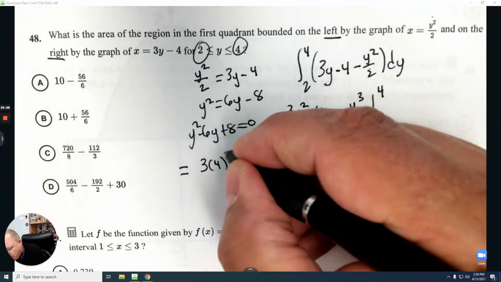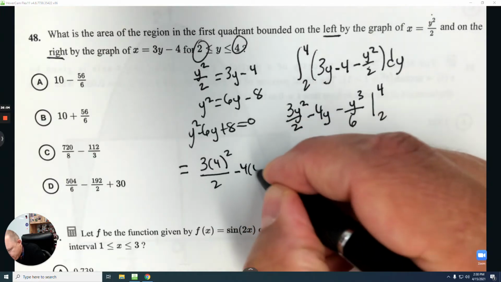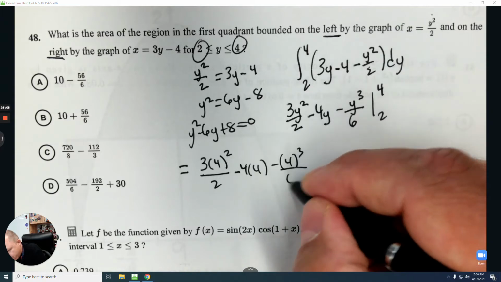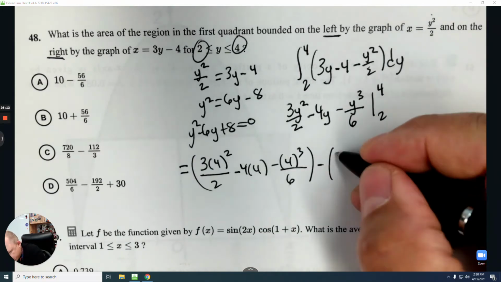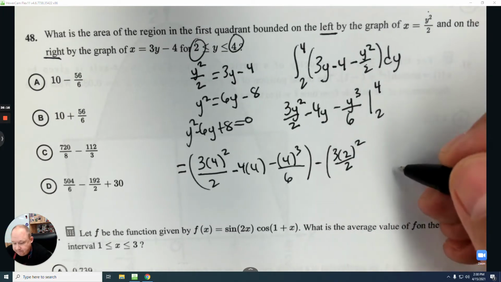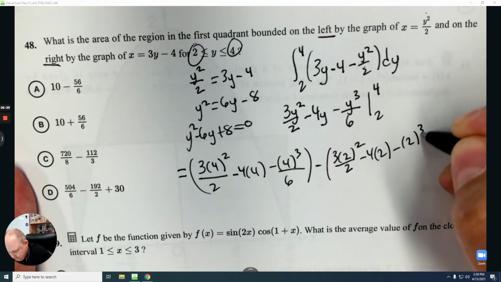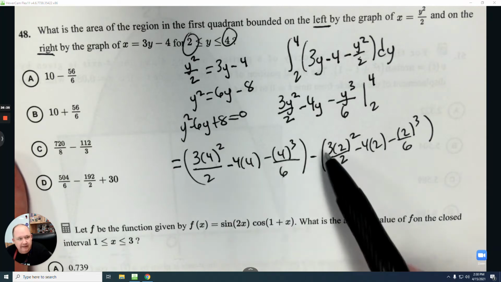So substitute 4 in. Subtract. Now plug in 2. So first substitute in 4, then plug in 2.